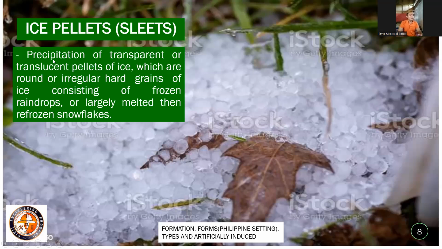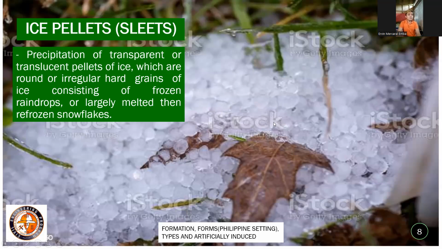Ice pellets or sleets: precipitation of transparent or translucent pellets of ice, which are round or irregular hard grains of ice consisting of frozen raindrops or largely melted and/or frozen snowflakes. So ice pellets, in the Philippines, we cannot encounter this because we do not have the climate which can contribute to the production of ice pellets, right?